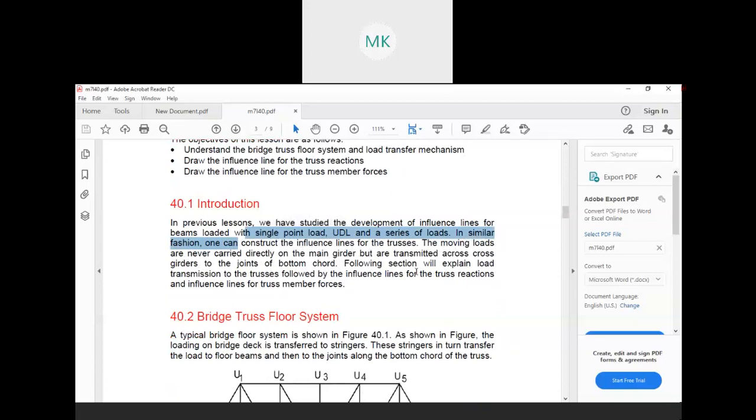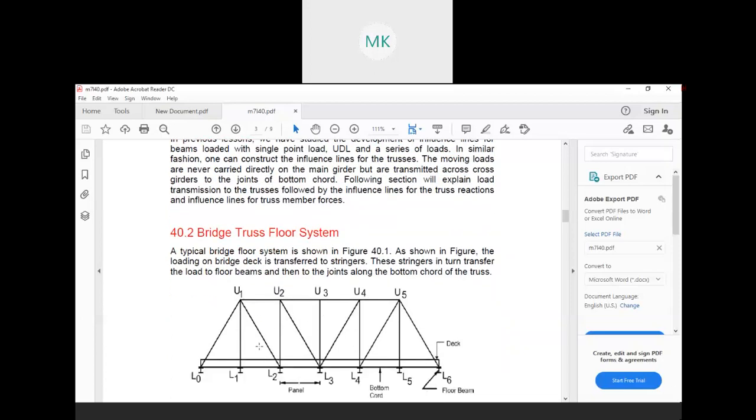The moving loads are never carried directly on the main girder but are transmitted across cross girders to the joints of the bottom chord. As you can see, there are so many chords connected in a truss, so the load always moves through the girder to the bottom chord. Here we are going to discuss how the loads are transmitted. As I have already said, you resolve the forces in all the joints.